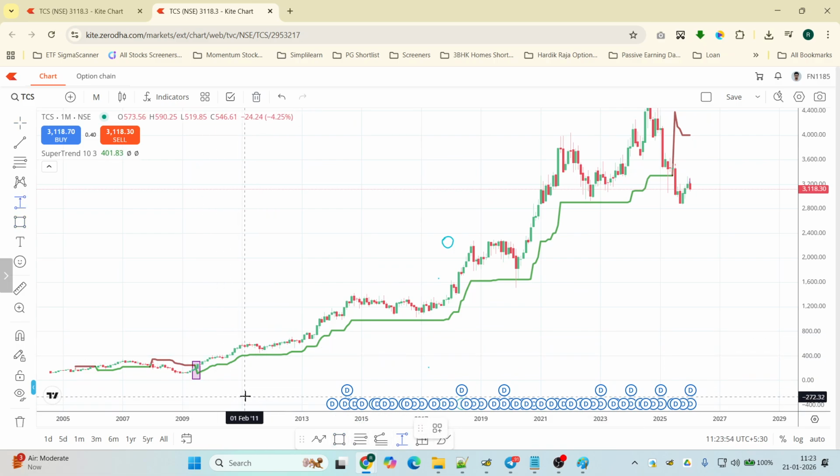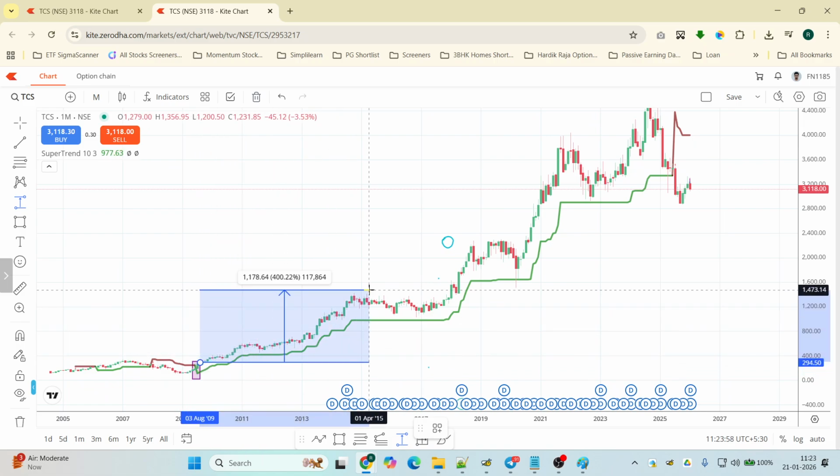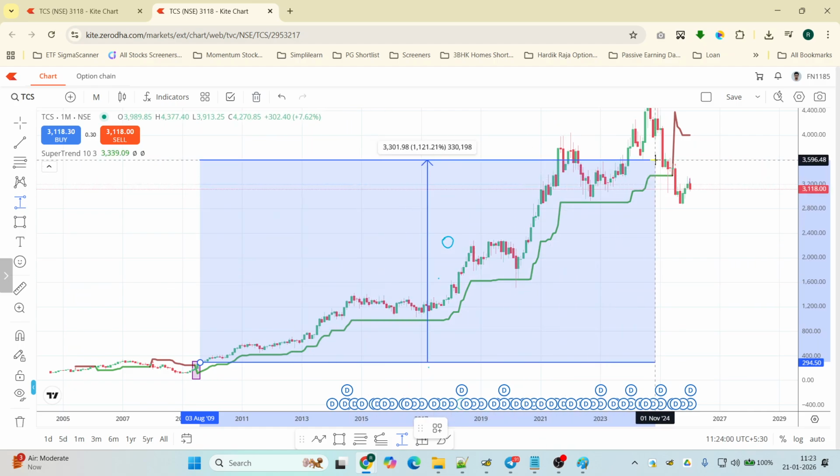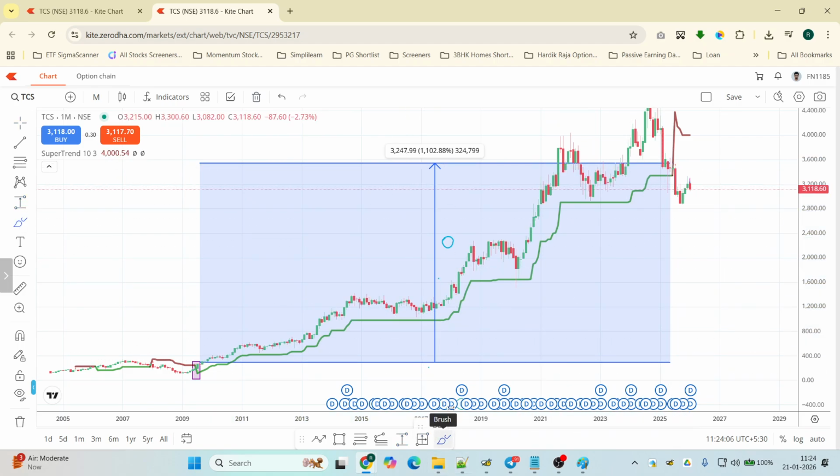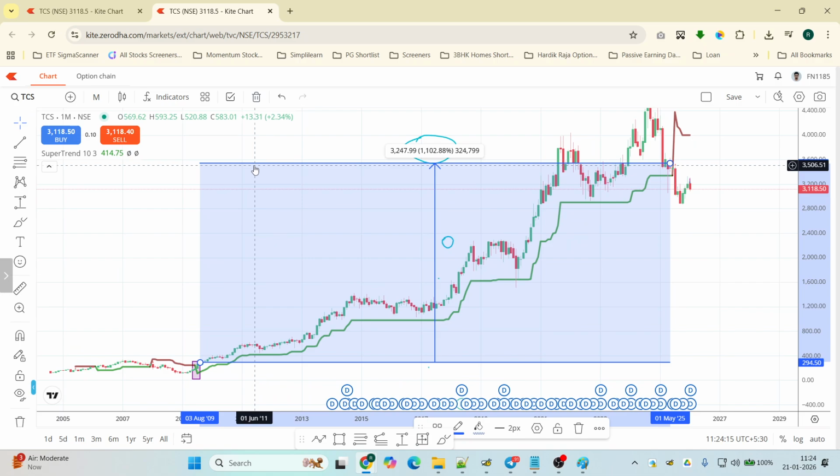If you had entered here, super trend changed the color only at this point. Guys, see the magic. What is the return here? 1102%, guys. Can you get it in an FD or even in a mutual fund? That is the power, guys.